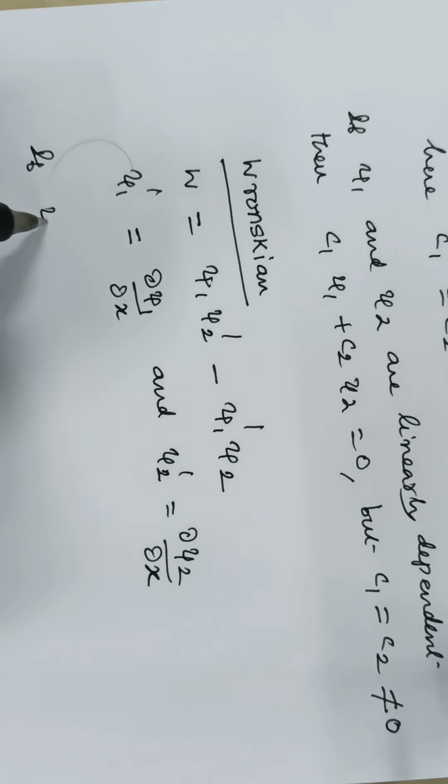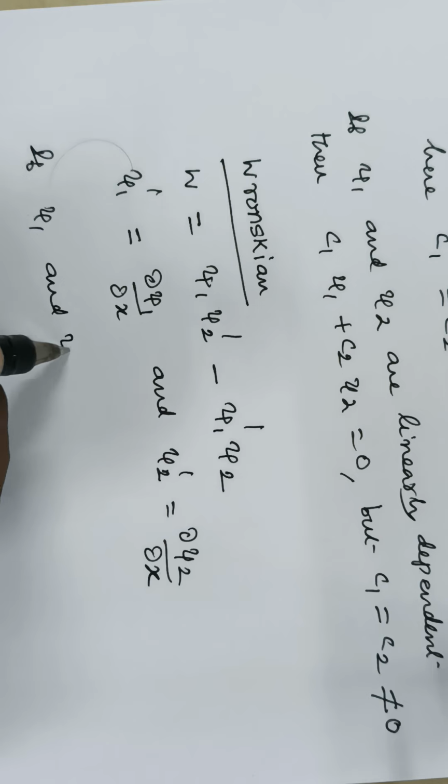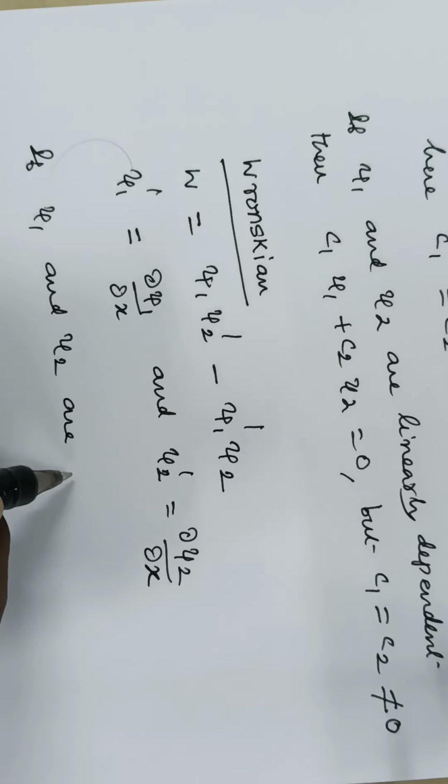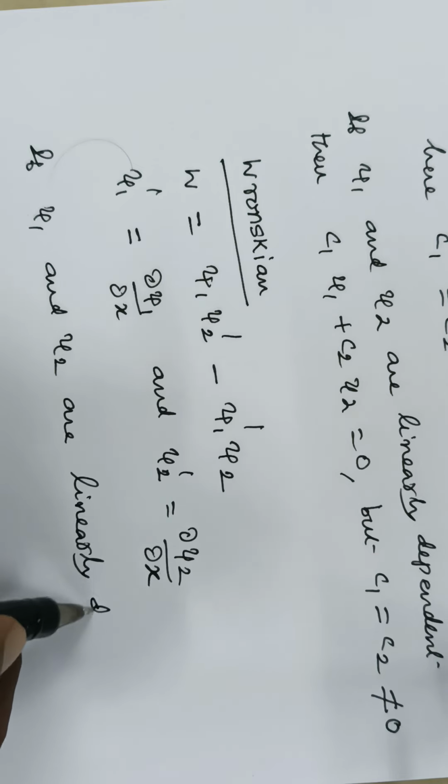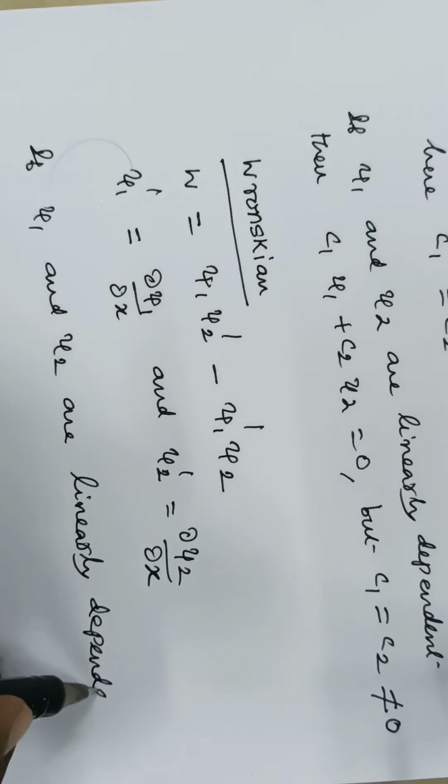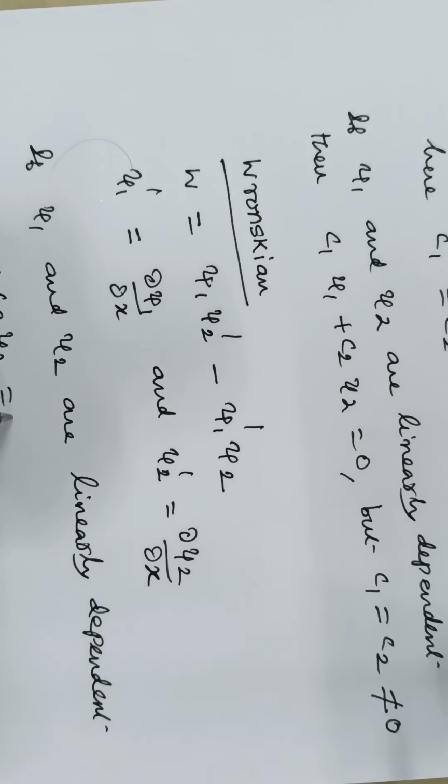If psi 1 and psi 2 are linearly dependent, they should satisfy the condition C1 psi 1 plus C2 psi 2 equal to 0, equation 1, with C1 not equal to 0 and C2 not equal to 0.